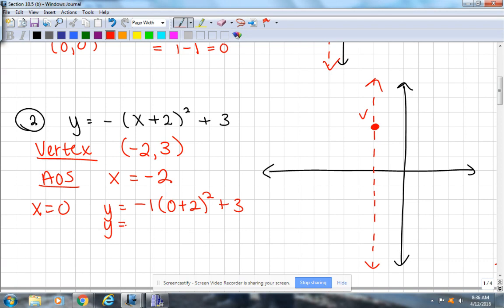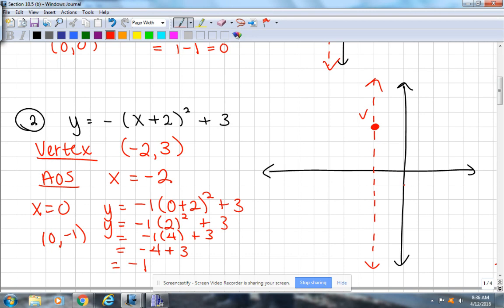So what's 0 plus 2? So that's -1 times 2 squared. What's 2 squared? So -1 times 4 plus 3, which makes -4 plus 3, which makes what? -1. So (0, -1) is a point on my parabola.